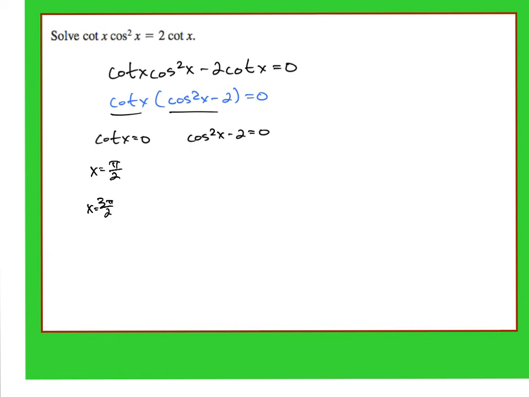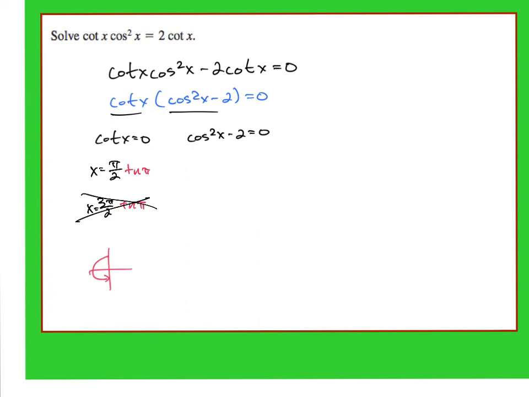Well, what's my period of cotangent? Pi. So if I add n pi to it, do I need both of these? No. Because pi over 2 plus n pi was 3 pi over 2. So I don't actually need this one. Are you following me?